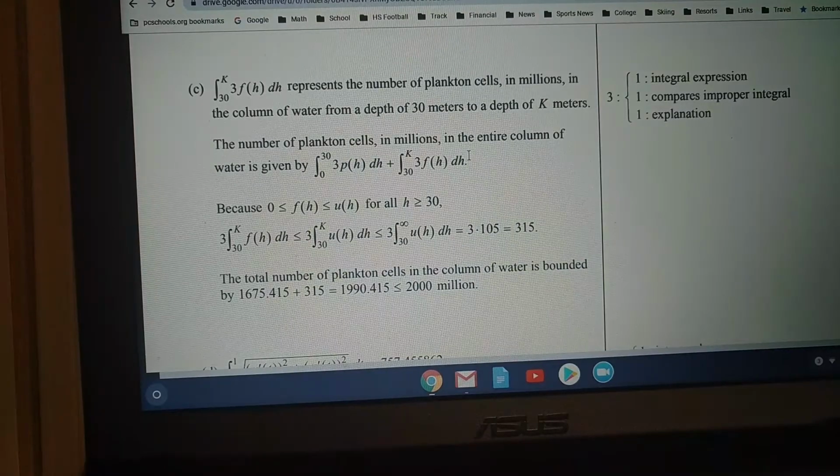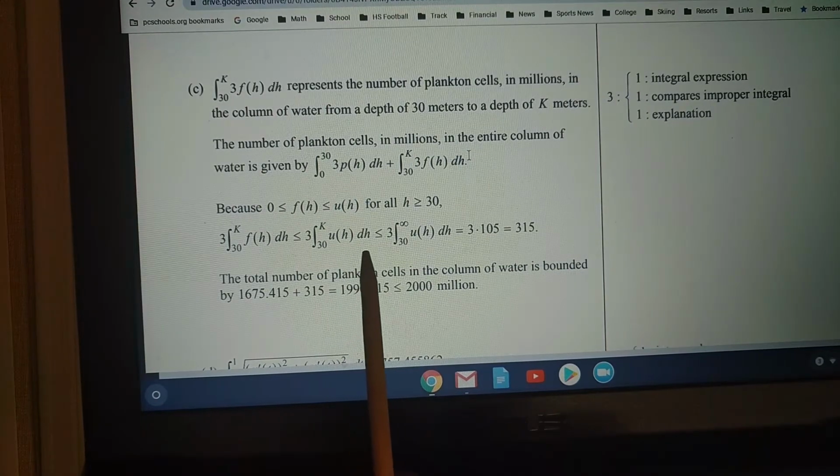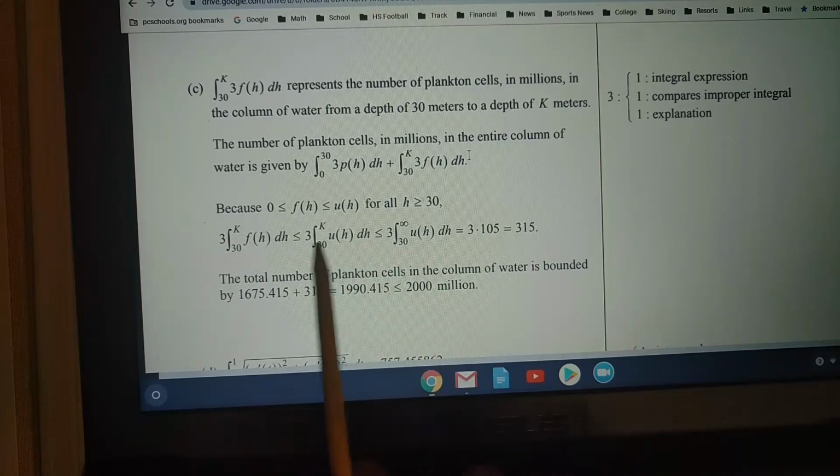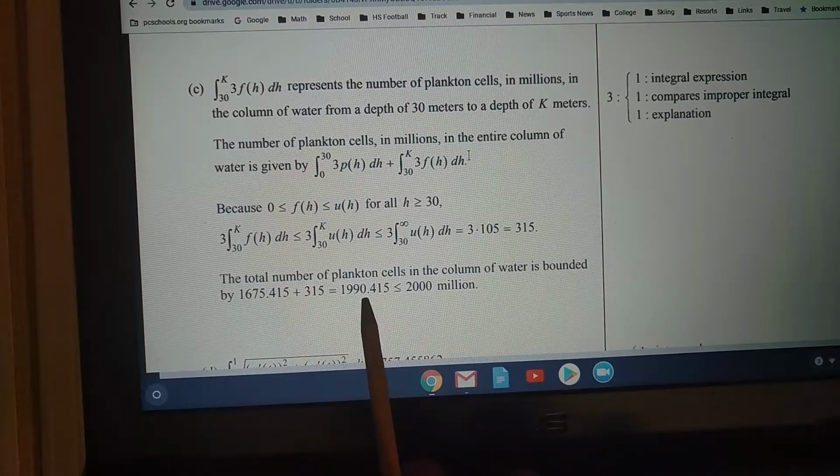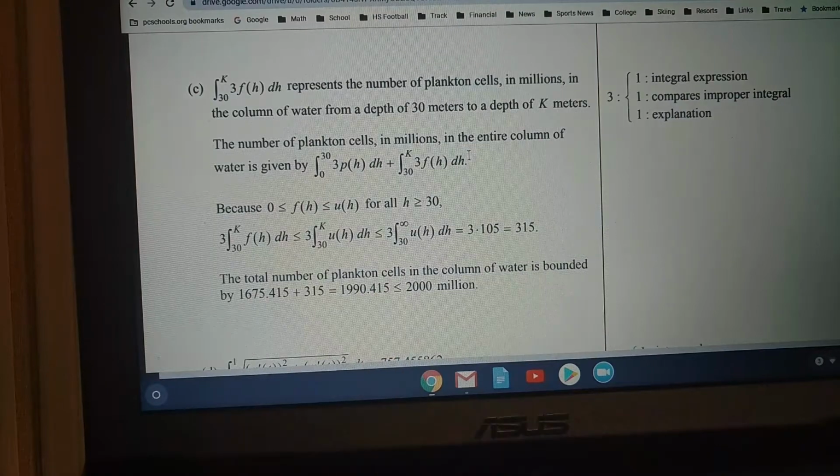Okay, so that would be our integral expression. You get 1 point for comparing the improper integral, so recognizing here that these must be compared. And then finally, if you explain it correctly, that is the bound which makes it less than 200 million, you get your third point.